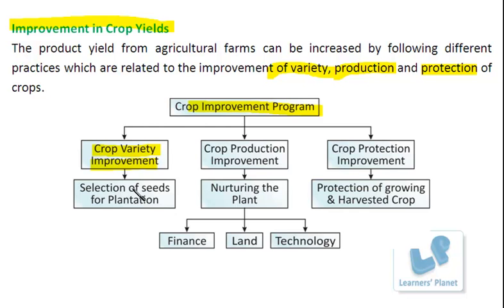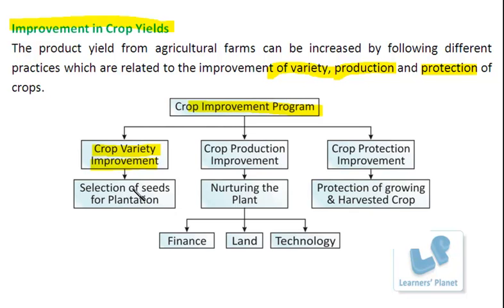You know how the plants are produced and how they are grown. Initially, seeds are sown into the soil, and then growth takes place, and the plant will grow and produce different types of food material.